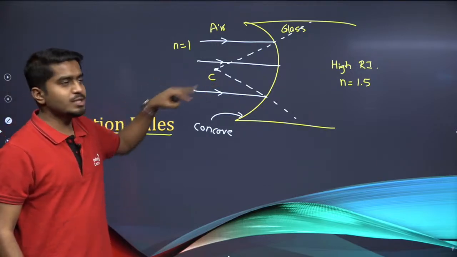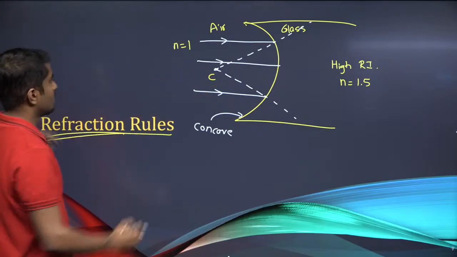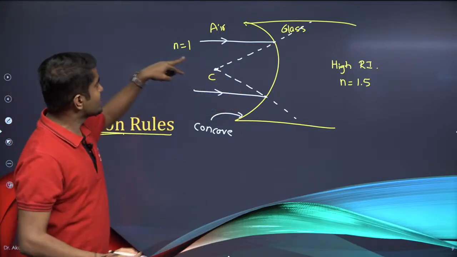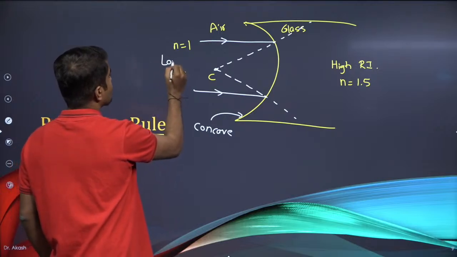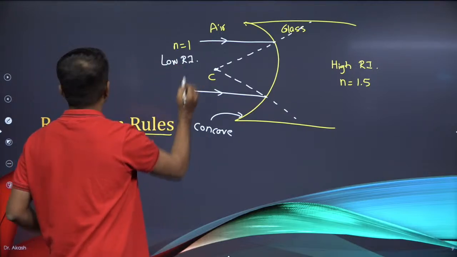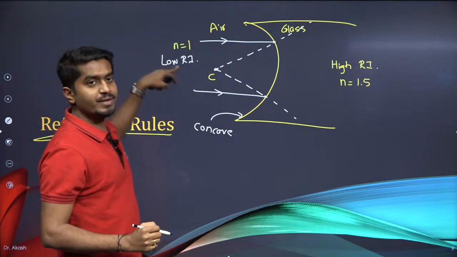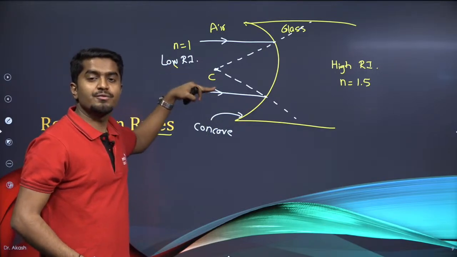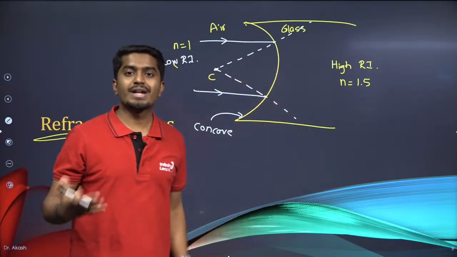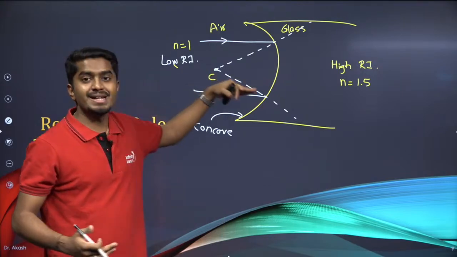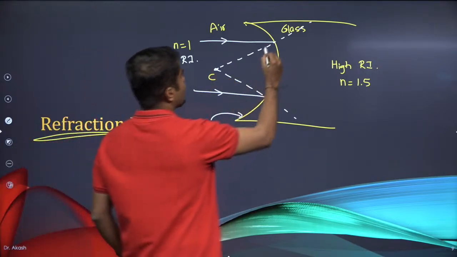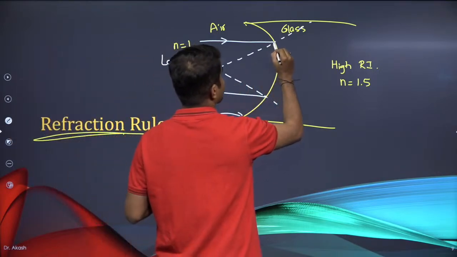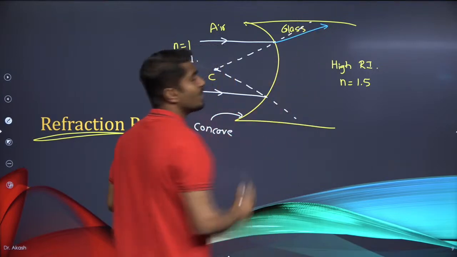Now when you draw the normal, I'll only take the two rays which are quite far away. The rays are going from a region of low refractive index to high refractive index. When light passes from low to high refractive index, what happens? The rays bend towards the normal. So the refracted ray is going to bend towards the normal.